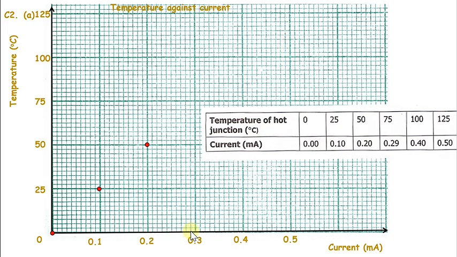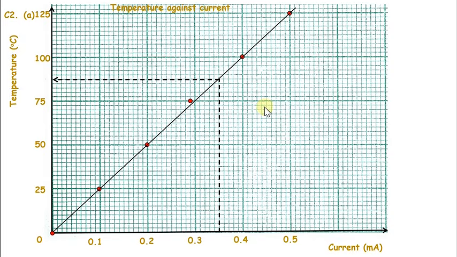So 0.29 is here, 75. So 75 somewhere there. That's how I took it. Then here 0.4, 100 there, and then 0.5, 125, which is there. Then I had to draw a straight line like that. That's all.